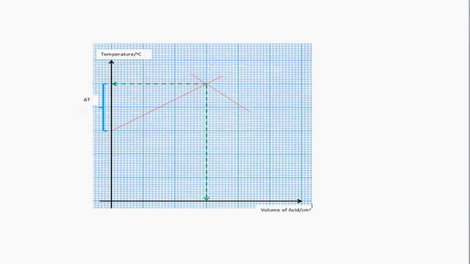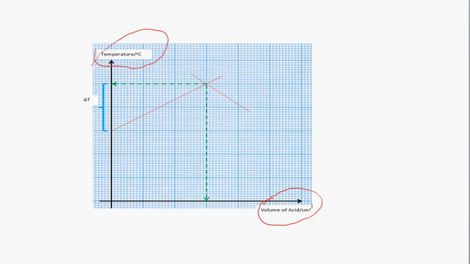So what will happen is that we will get a series of results indicating volume of acid added and temperature, and when we plot the data, we will end up with a graph something like this. So on the x-axis we have to plot volume of acid in cm cube, and then on the vertical axis or the y-axis we have our temperature.